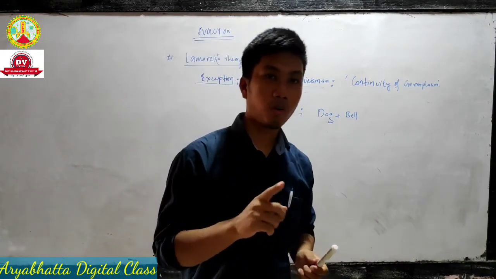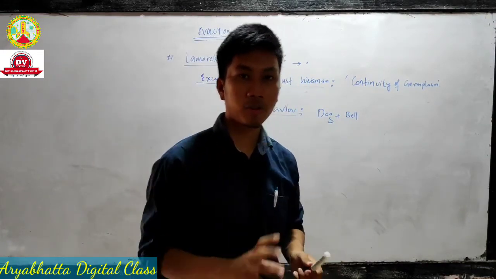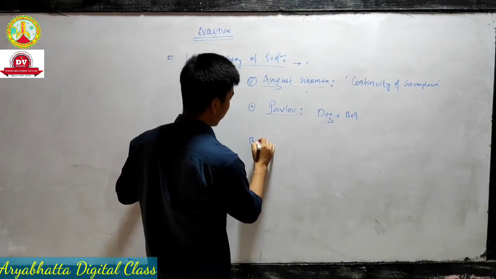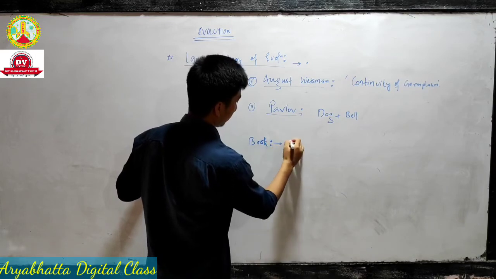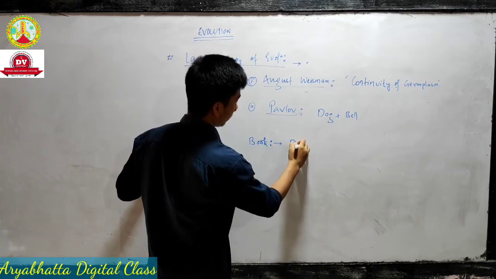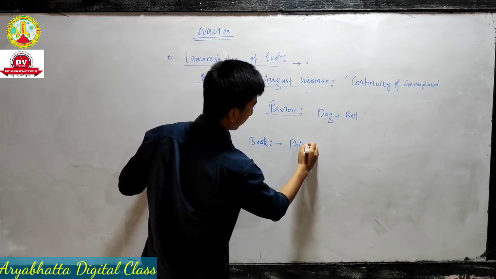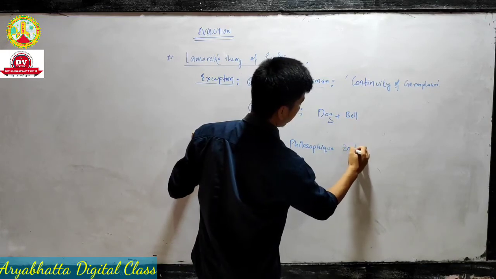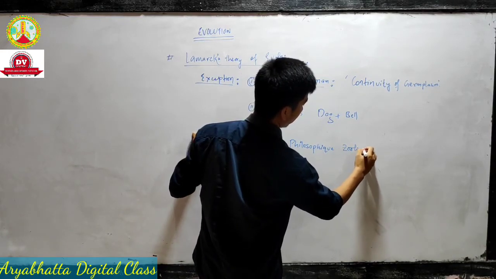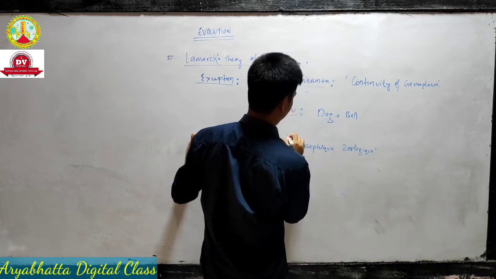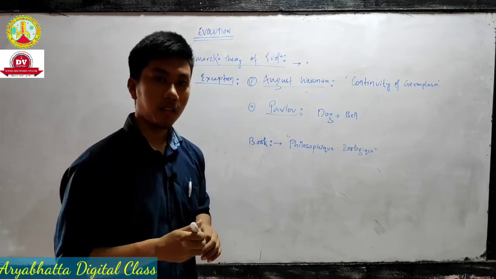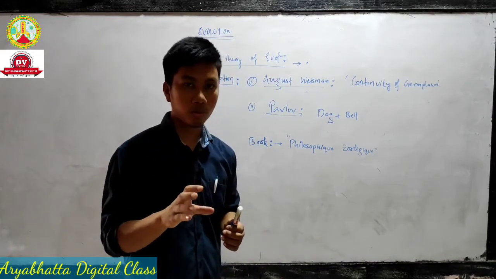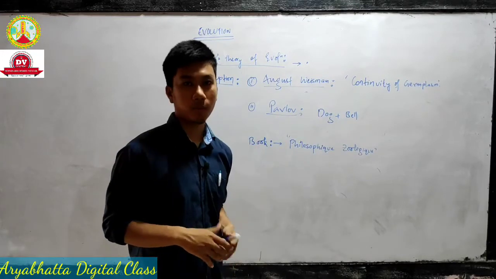One more thing you need to remember: all of Lamarck's postulation was written in a book. The name of the book is known as Philosophie Zoologique. All of Lamarck's theory, the postulation, everything was written in a particular book known as Philosophie Zoologique, written by Lamarck.